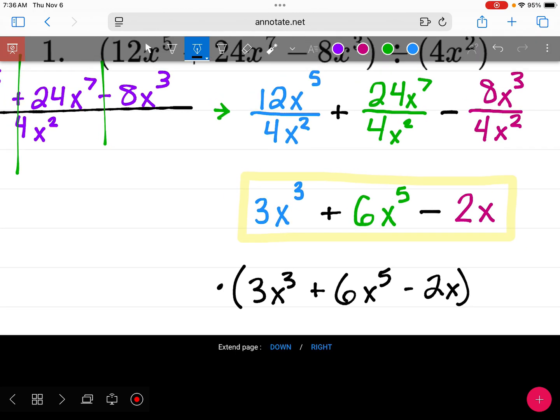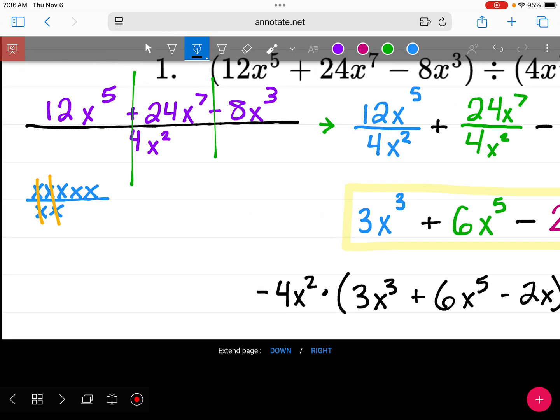So if I did this times the 4x squared, we would get exactly what we started with, that 12x to the 5th plus 24x to the 4th minus 8x cubed. It is the exact same thing. This polynomial is this times what we had left, because this is what we got when we divided.